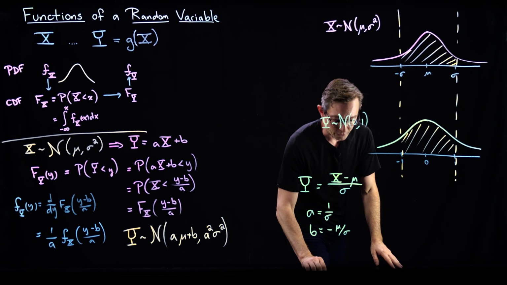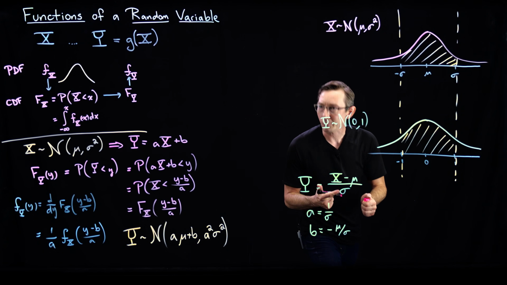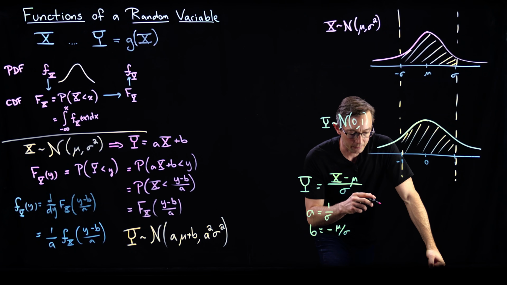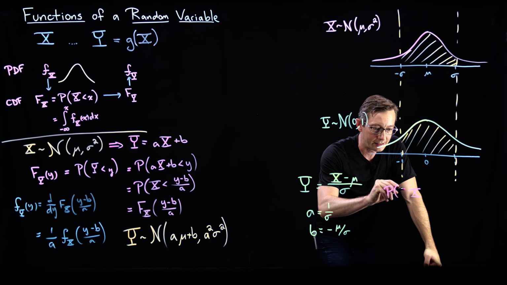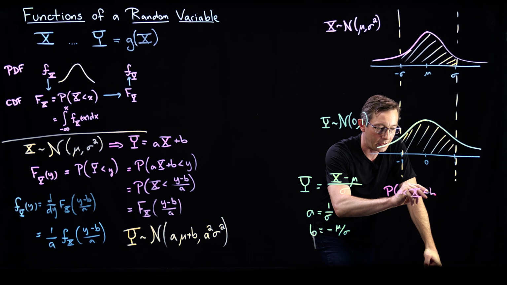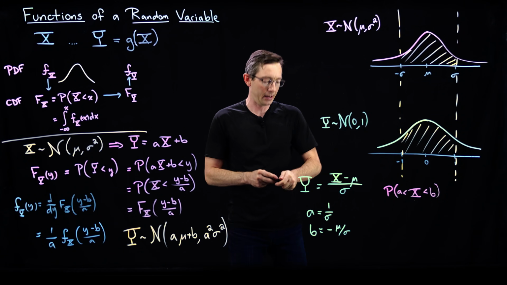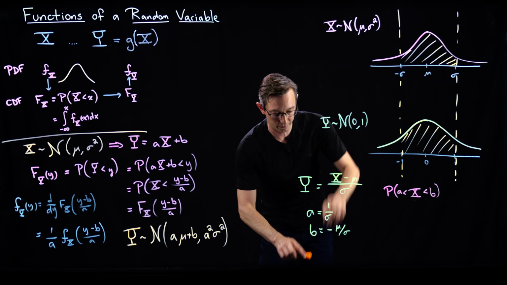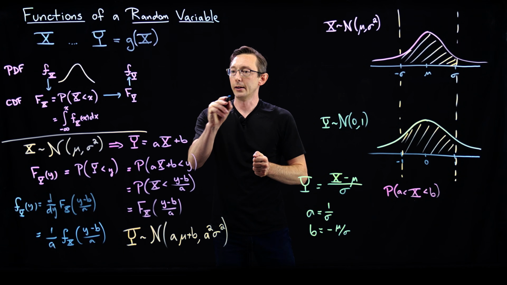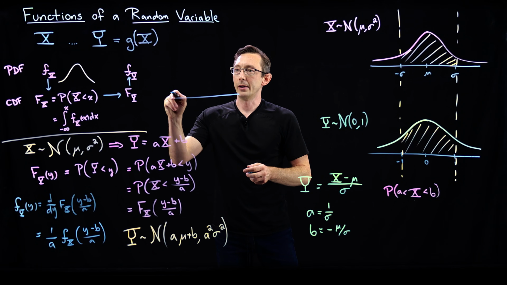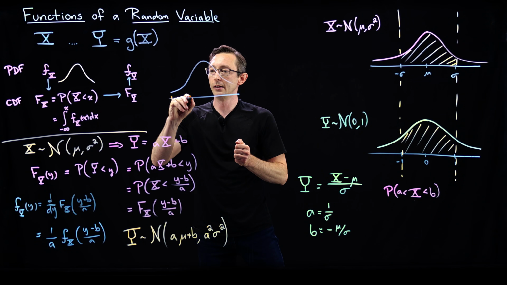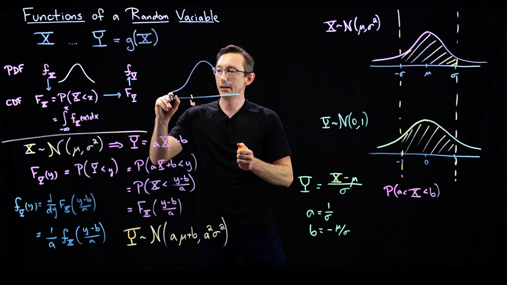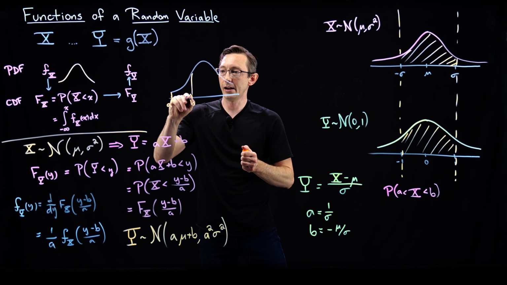So just to give you an idea of what I mean, let's say I want to compute the probability that my random variable x is between A and B. I'll draw another little picture here where I have my Gaussian, and I want this area under the curve.